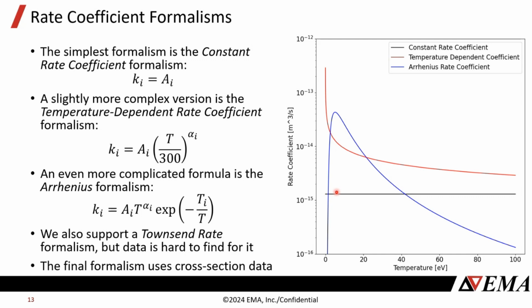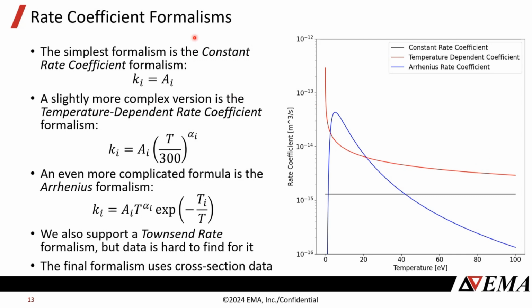So this is going to be a constant rate coefficient, regardless of what the temperature of the incident particle is going to be. And a slightly more complex version of this just adds a temperature-dependent term here. We take the temperature of the incident species in units of Kelvin, divide by 300, and raise it to some power. And this gives you the curve shown in red.